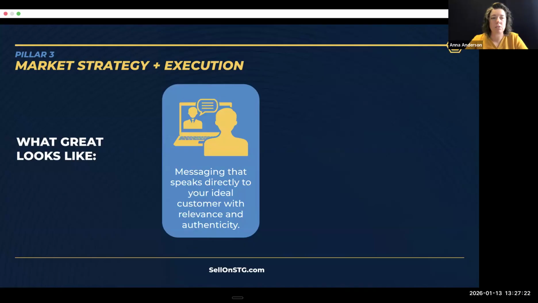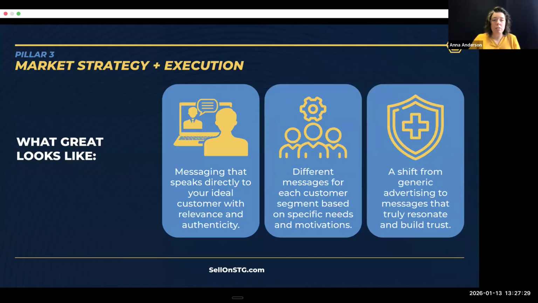What does that look like? So when we look at what does great look like, your messaging needs to be clear and consistent. How many times have we hodgepodge and work with a lot of different agencies, and one does direct mail, another one does a digital, another one does maybe social, and the list goes on, right?